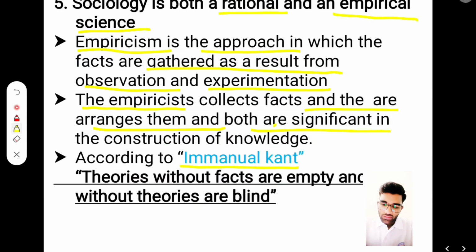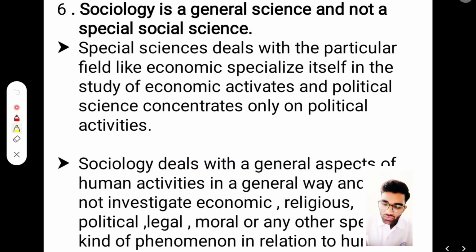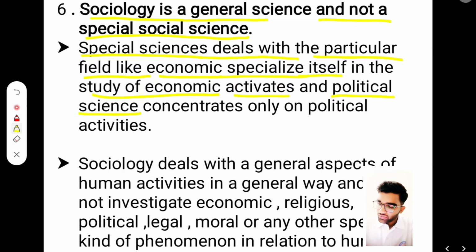Next, the sixth one, sociology is a general science and not a special social science. A special science deals with a particular field, like economics specializing in the study of economic activities and political science concentrating only on political activities.